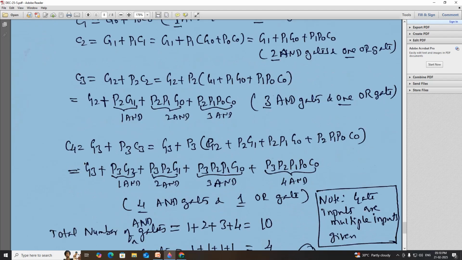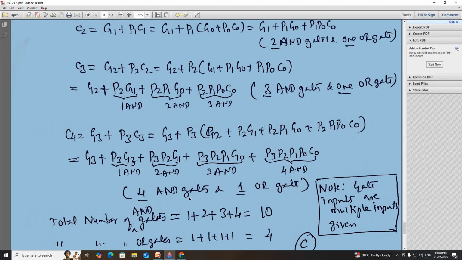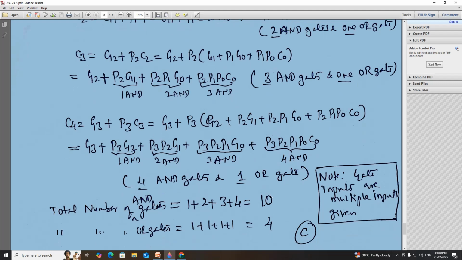And for the C4 carry, the final expression is, so AND gate 1, 2, 3, 4. 4 AND gates are required, and only one OR gate is required. So 4 AND gates, one OR gate. Note down here a very important note given in the problem: all gates, OR gates and AND gates, are multiple inputs. That is why we are using only one OR gate.